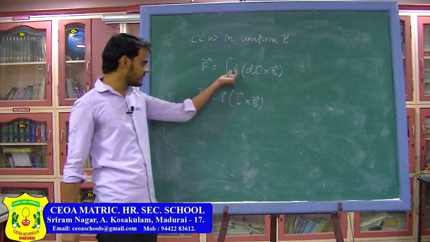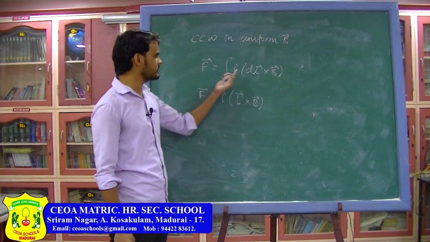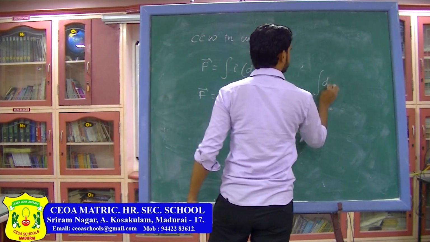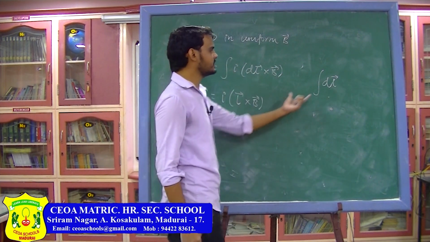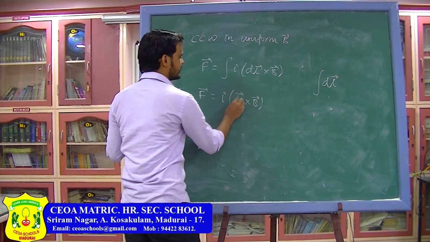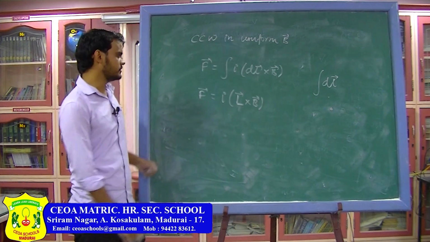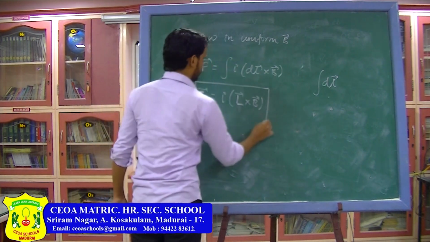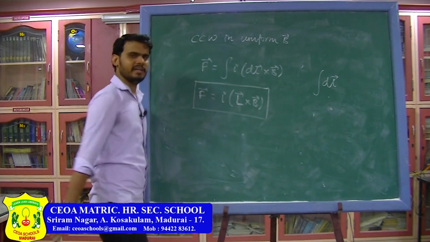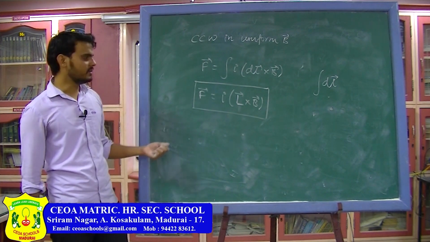By this time you should be familiar that if this is constant, I can take it outside. The total integration of dl will be the capital L. L is the length of the wire when you are joining it from end to end. So this is the force on a current carrying wire when it is kept in a uniform magnetic field.